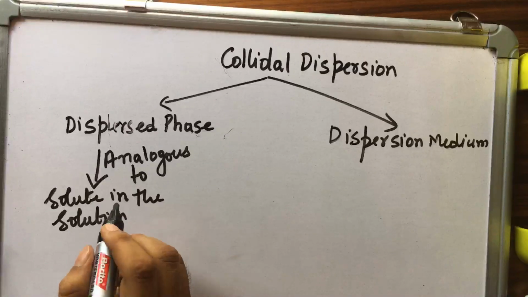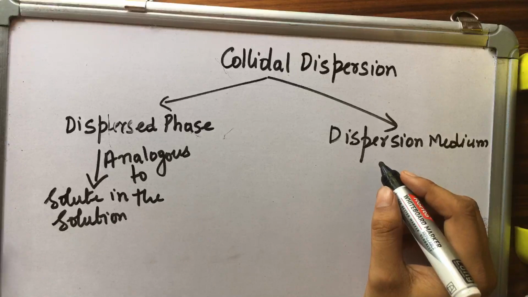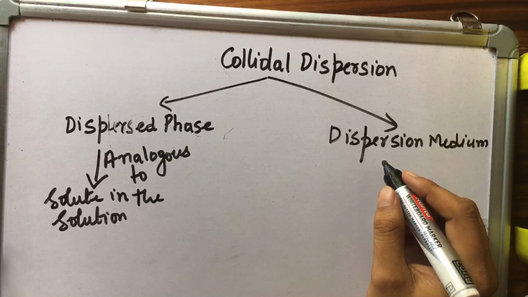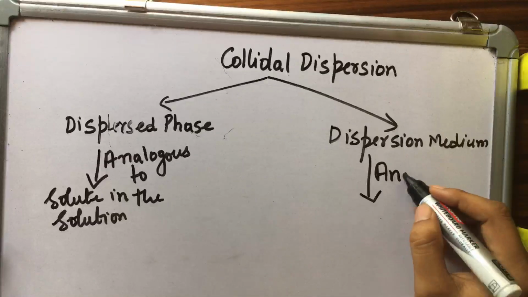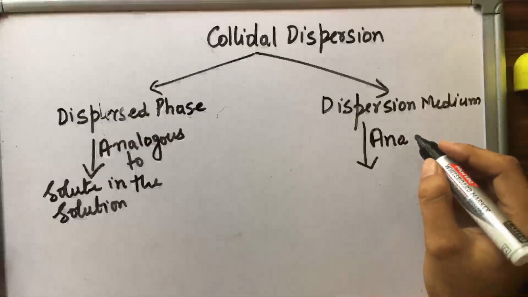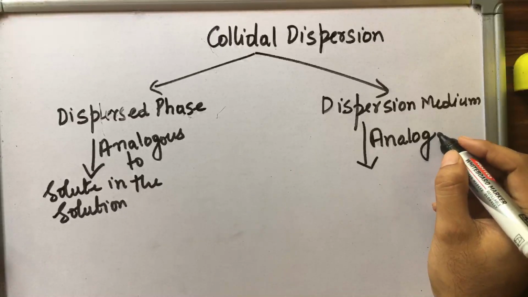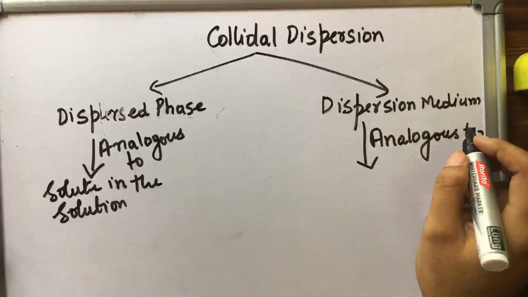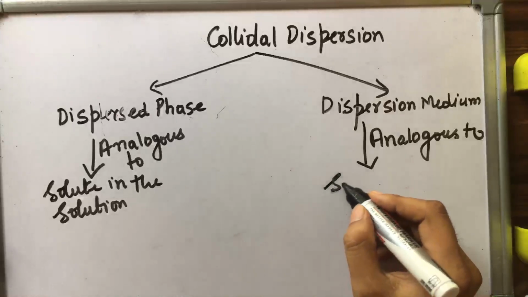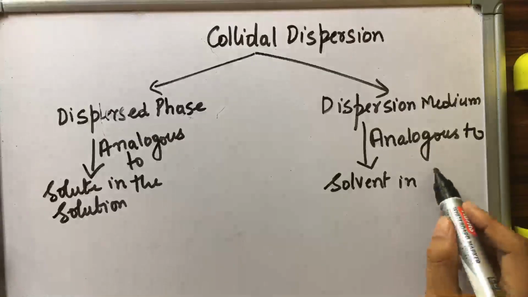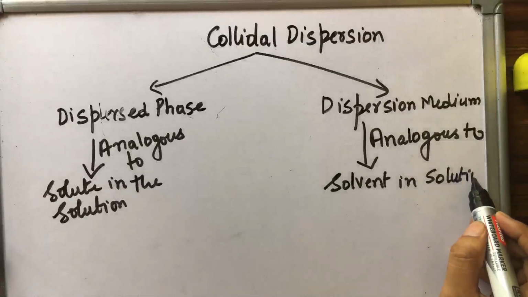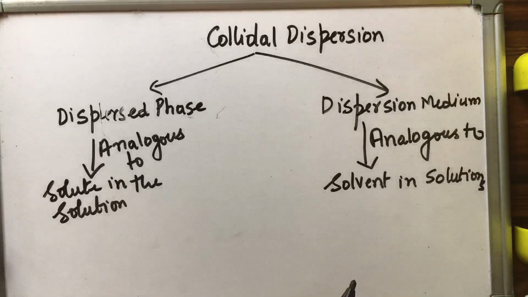So particles are being dispersed. Next, dispersion medium is analogous to solvent in solutions. Now you should know that dispersed phase is not continuous.